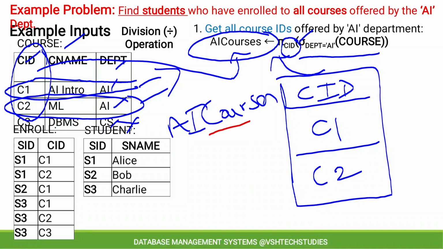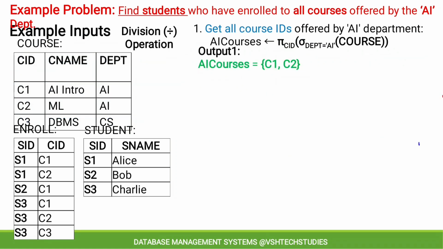The AI courses intermediate relation will have C1, C2 as data and only one column, that is CID. So that step 1 output we are writing this way: the AI courses intermediate relation has the data C1, C2.